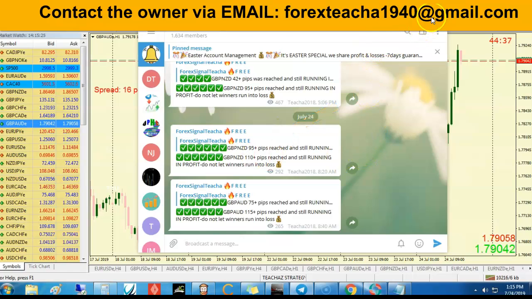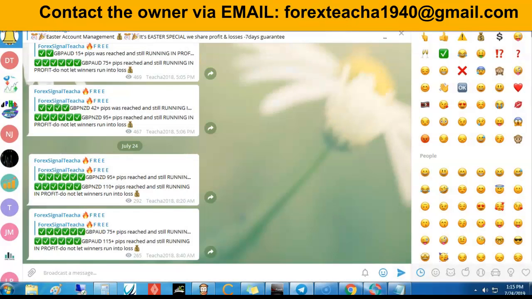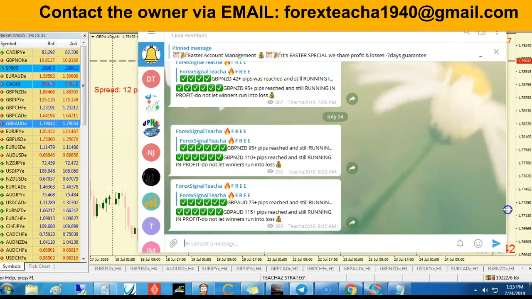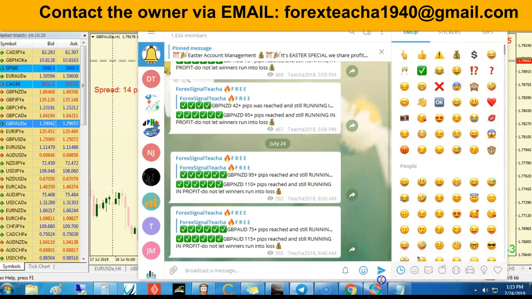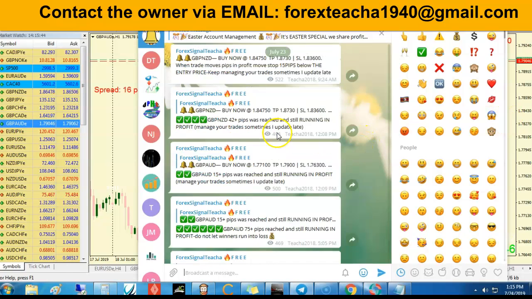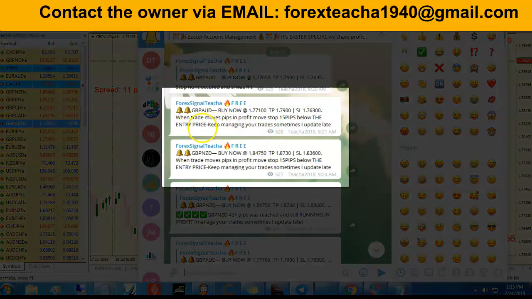Let me just scroll back. Okay, I just want to see that you guys can see properly here. I want to show you the trades as sent, and then I'm going to show you on the MetaTrader exactly when the trades were taken.